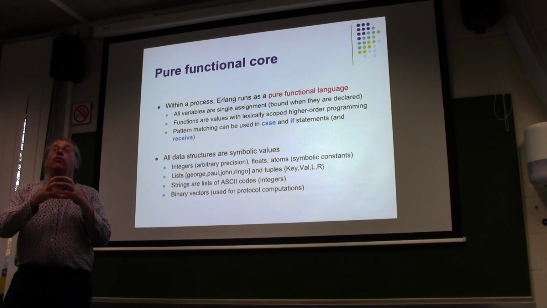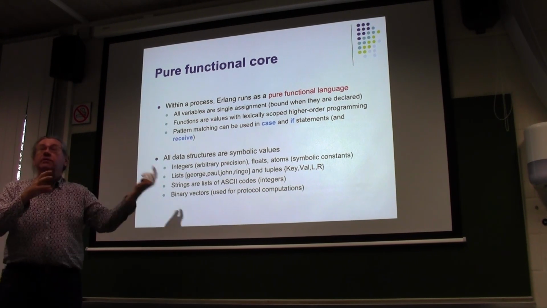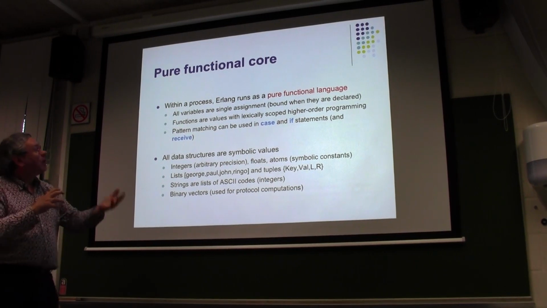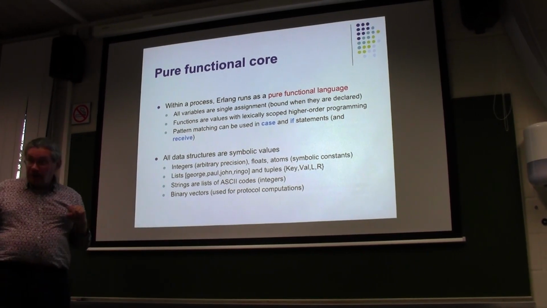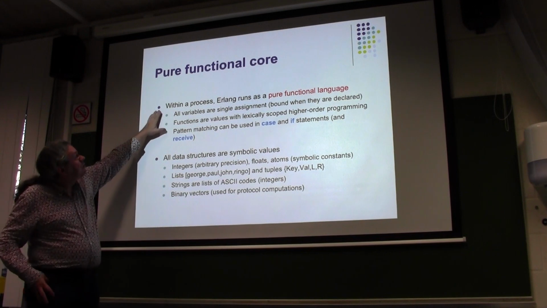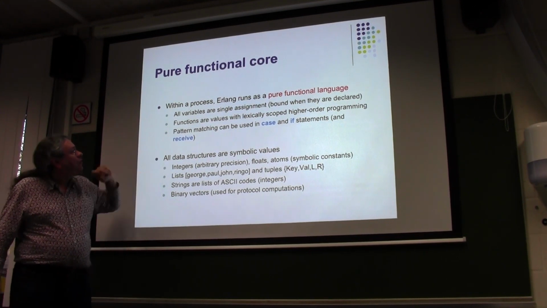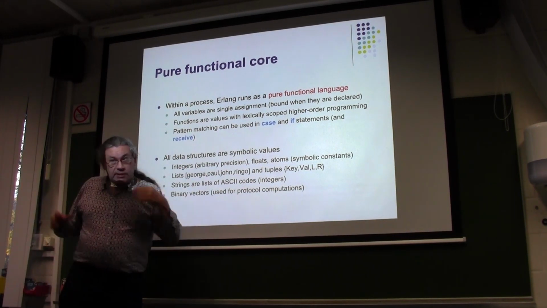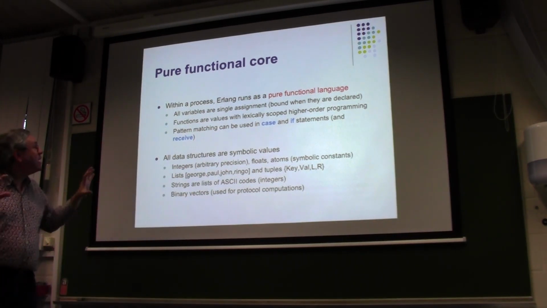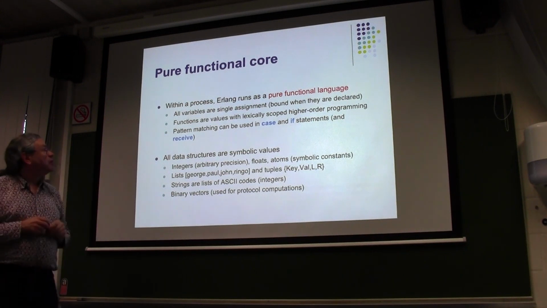It's essentially a recursive function, and whenever it reads a message, it will do a recursive call. Okay? The variables are single assignment, so it's actually very similar to port objects. Okay? You can also pass functions as values, so it's lexically scoped, higher order. So inside the process, it's a pure functional language.